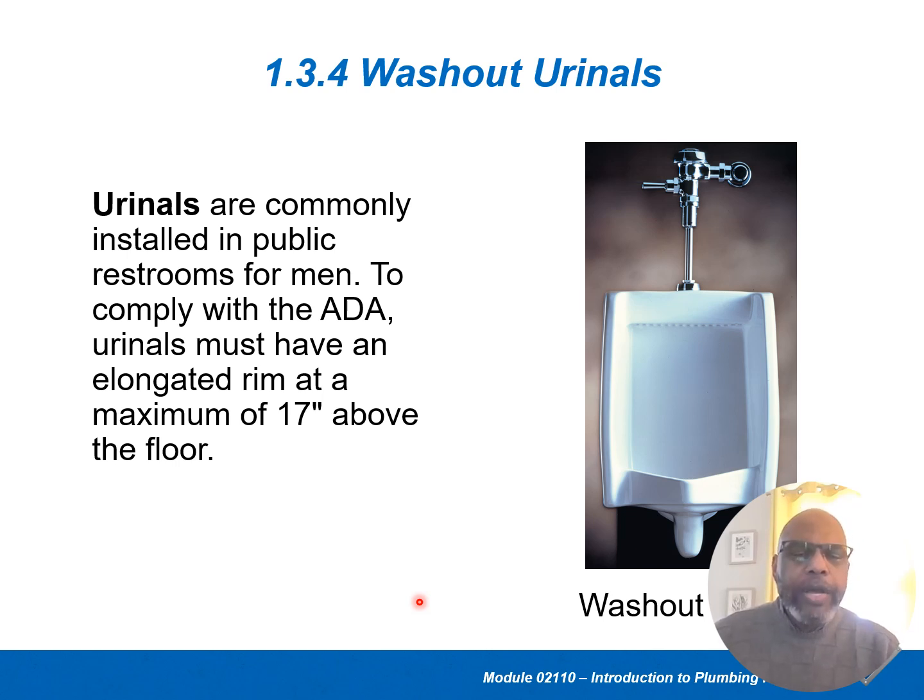And must have the rim a maximum of 17 inches above the floor. So somebody in a wheelchair can still be able to get up somewhat to be able to use the urinal. And anything above that is not code, and it cannot be considered ADA, even though it may be an ADA urinal. It has to be installed correctly.